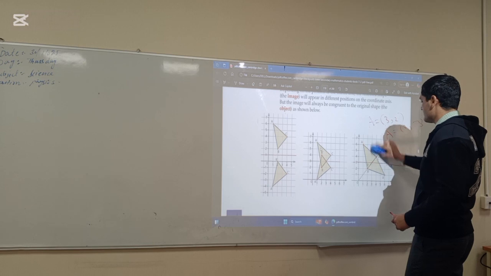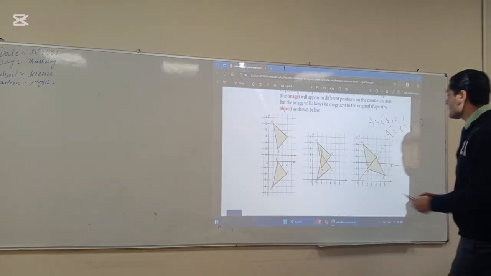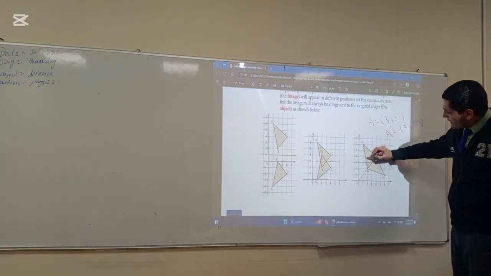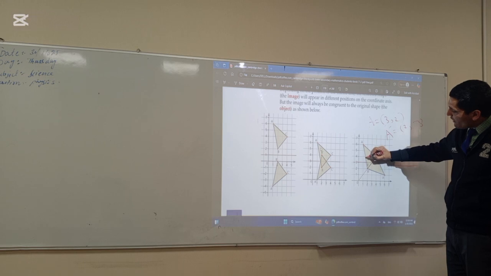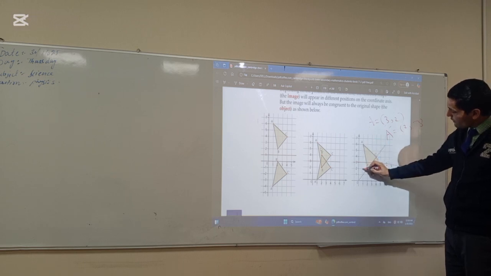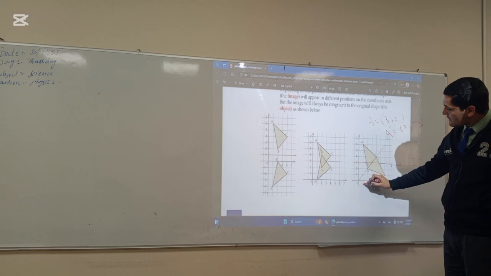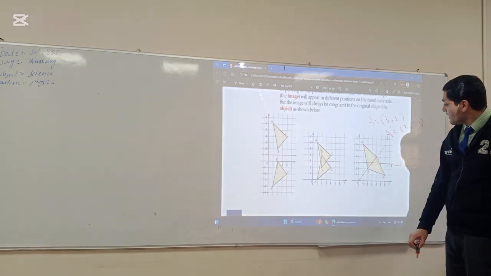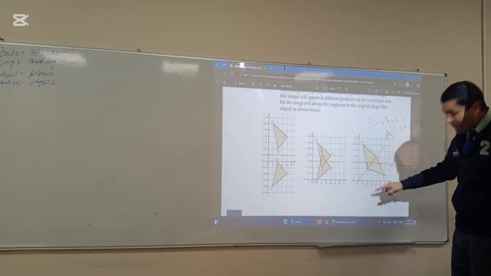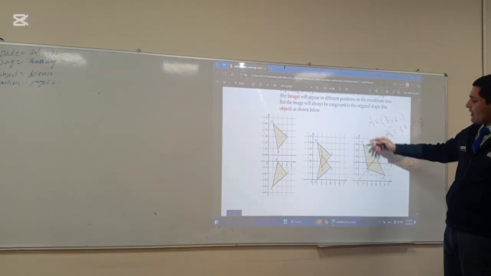Now again, look here. A is how much above? 1, 2, 3. Just go down 1, 2, 3. So this will become A dash. And for B, look here, it is down 1 unit, so you have to go up 1 unit.